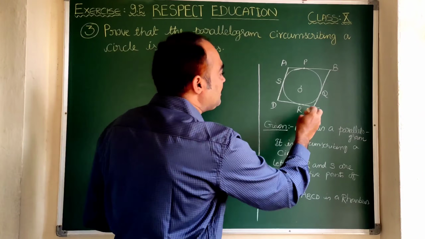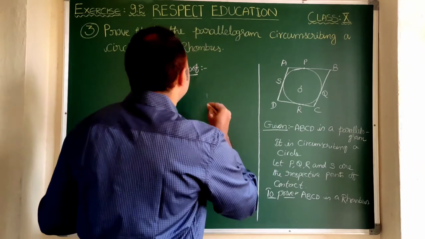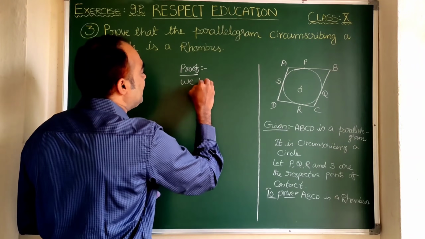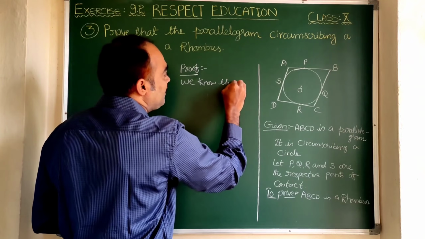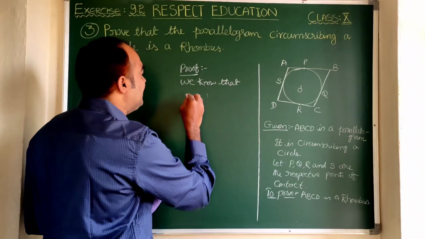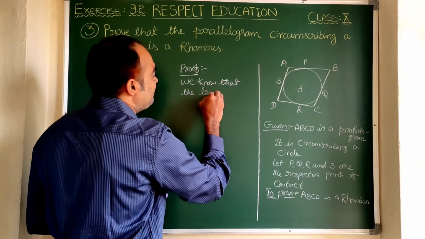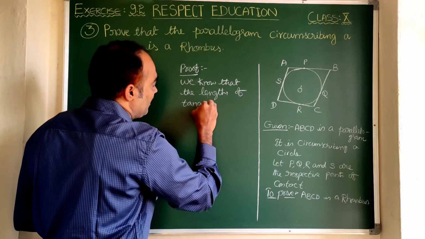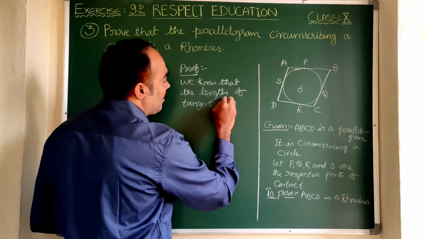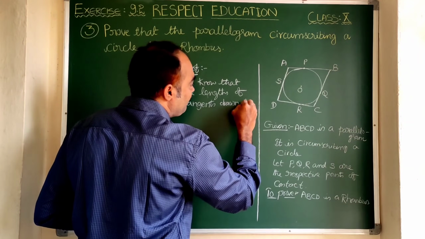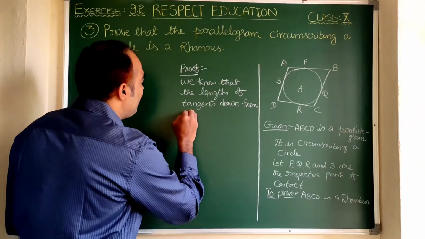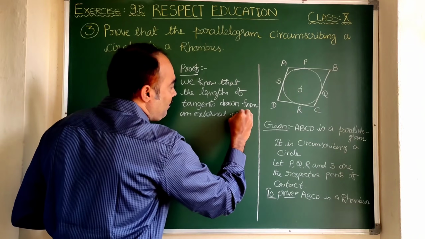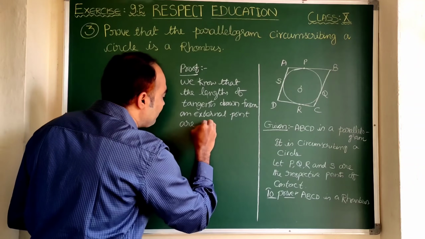So here let us write everything very clearly. So here we can write the common reason is that we know that the lengths of tangents drawn from an external point are equal.